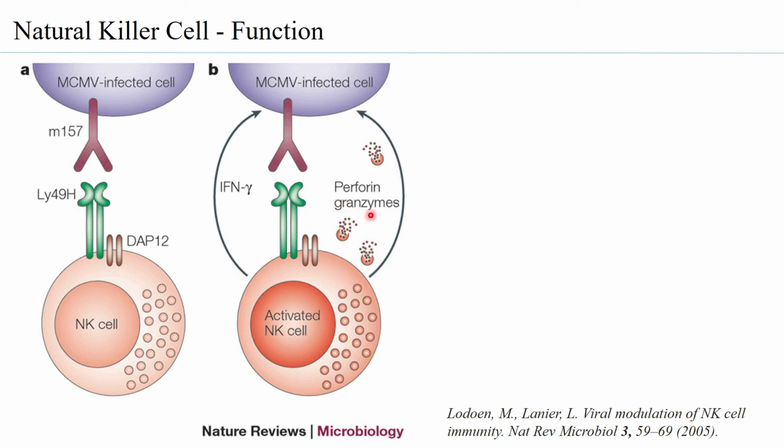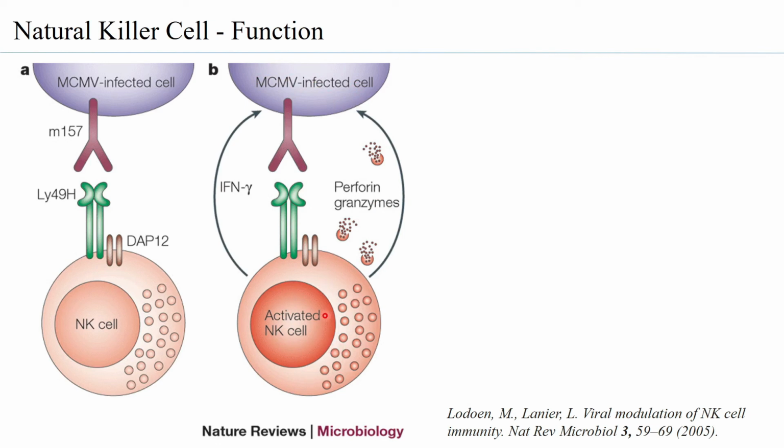Granzymes are esterases. Perforin will make pores in the infected cell or the target cell, and the granzymes will get into the infected cell and lead to apoptosis. So the granzymes are able to induce cell death in these target cells, and that is how mostly all activated natural killer cells are functioning.